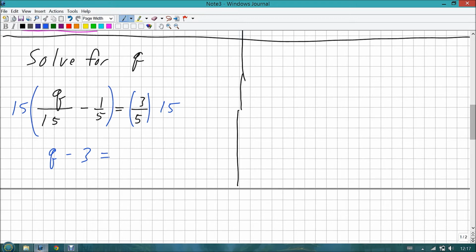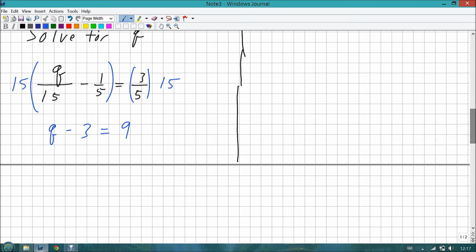is equal to, and then I do the same thing over here. I have 15 divided by 5, which is 3, times 3, which is 9. Where'd the fractions go? They went away! Yay! No more fractions! All right, so what do we do next? Well, we got to get Q by itself, which means that we got to get rid of this negative 3. How do we get rid of subtraction?